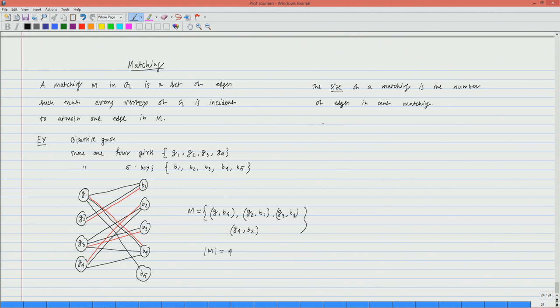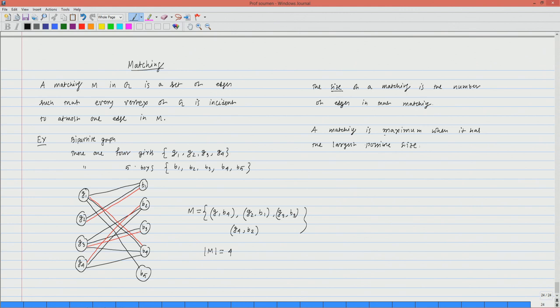And a matching is a maximum matching when it has the largest possible size.